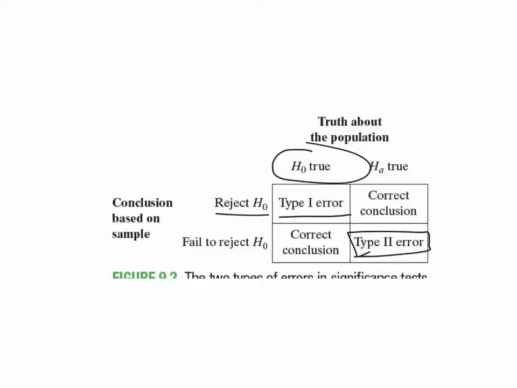We couldn't reject his hypothesis, so we failed to reject his original claim. But we should have. That's type 2. When we fail to reject that null hypothesis, but that alternative hypothesis ended up being true. So we failed to reject, but we should have. That's called a type 2 error. Okay? So let's look at.